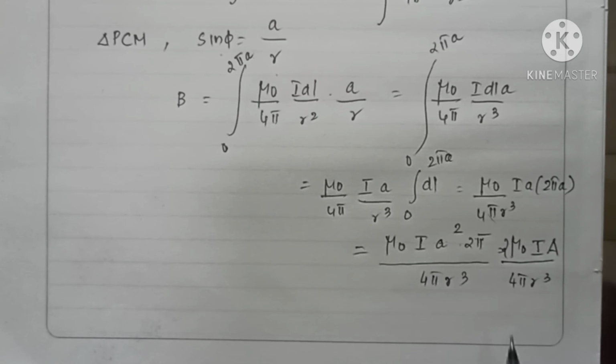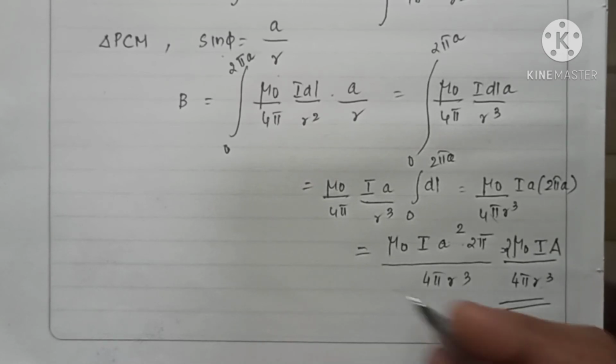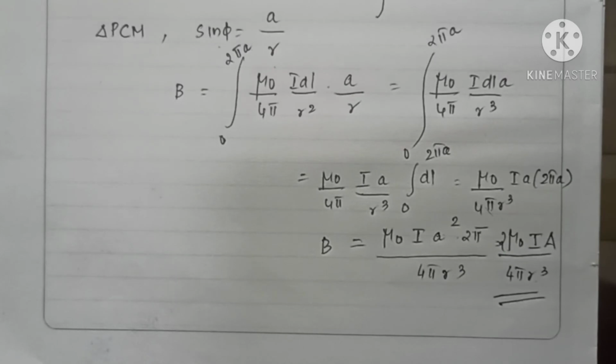Clear? 2 mu 0 I A divided by 4 pi r cube. Clear? So this is the expression for magnetic field on the axis of a circular coil carrying current.